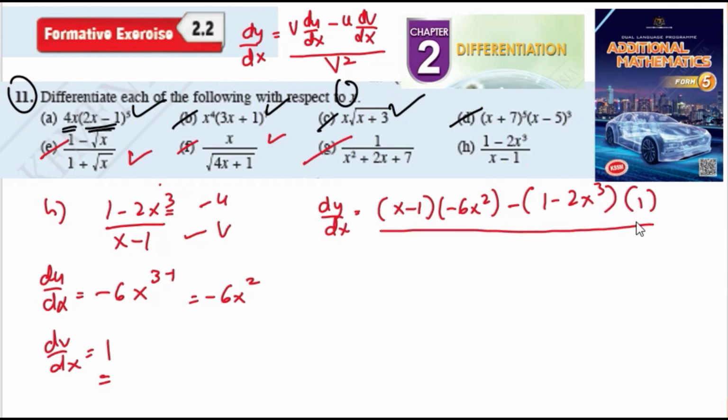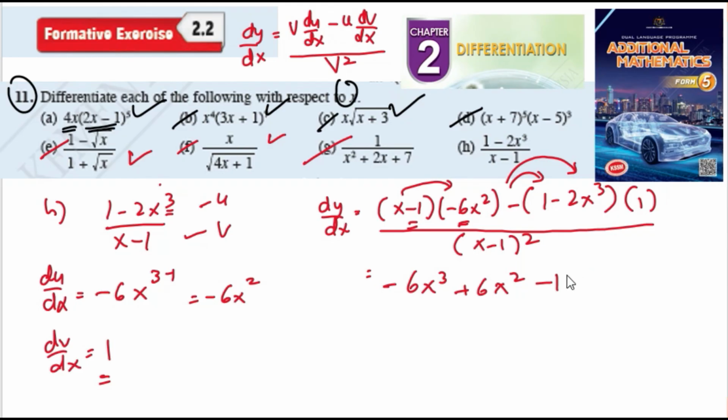So divided by v squared, v is x minus 1, squared. So here x times negative 6x squared, you get negative 6x cubed. Negative 1 times negative 6x squared, you get positive 6x squared. So negative times 1, you get negative 1. Negative times negative 2x cubed, you get positive 2x cubed, divided by x minus 1 squared.